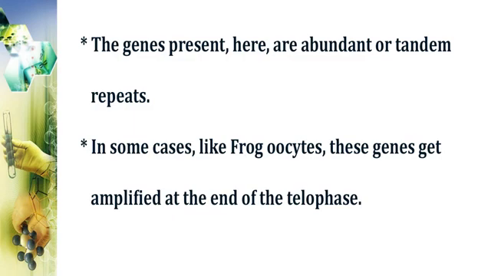In some cases, like the frog oocyte, these genes get amplified at the end of telophase. The DNA in this region opens out and starts transcribing ribosomal RNA as an abundant precursor. This RNA is spliced and processed into 28S and 5.8S RNAs.